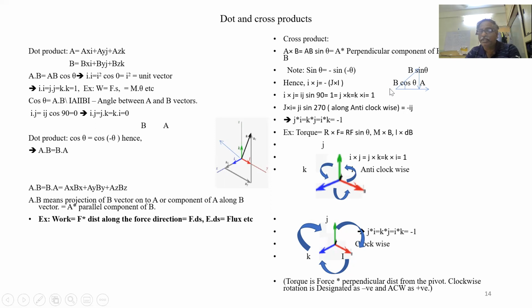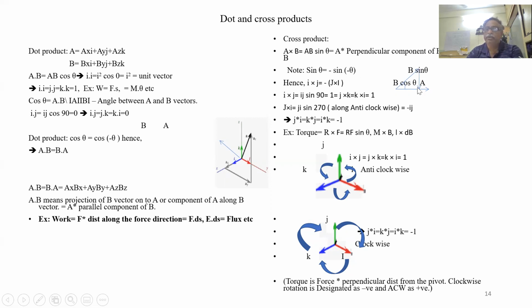Next topic. If you see here, there is a vector OB and a vector OA. So this is cos theta. B cos theta is the component of vector OB along OA. B sin theta is the component of vector B perpendicular to OA. So we deal with both axes. Along OA we get the cos theta, the dot product. Perpendicular to this we get sin theta.